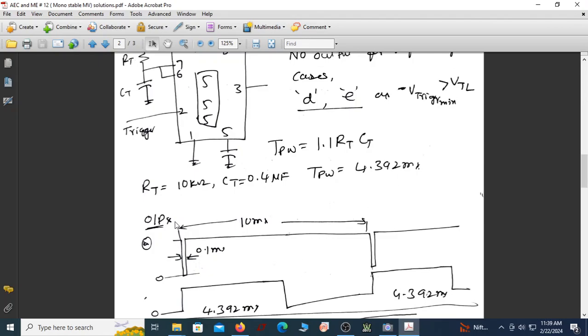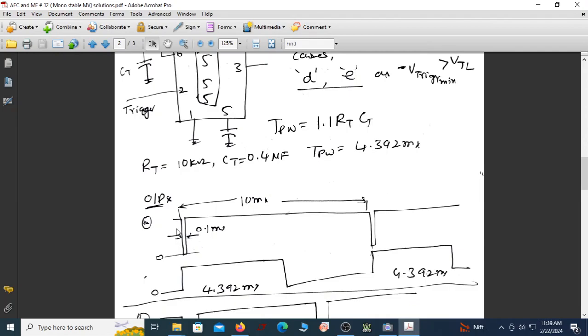In the first case, the total time of the trigger is 10 millisecond. The off time is 0.1 millisecond. Once it goes to off time, the output goes to the high state, and it remains in the high state for 4.392 millisecond, and then it comes down.